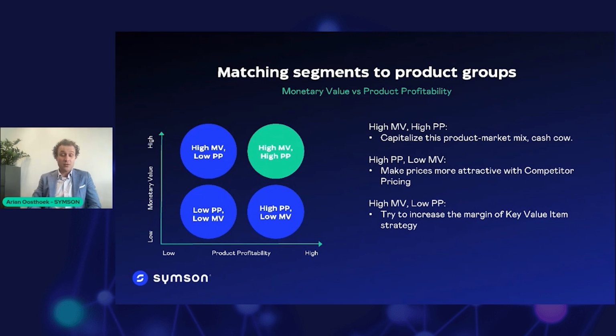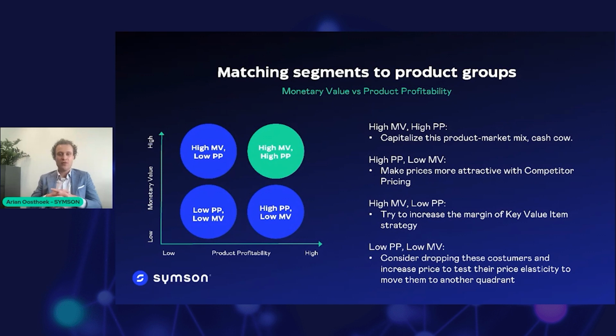So what we could do here is to consider a key value item pricing strategy, where we do analysis. Okay, what kind of products are related to each other, and how can we promote these related products into the basket so that we increase the basket value in revenue and in margin.